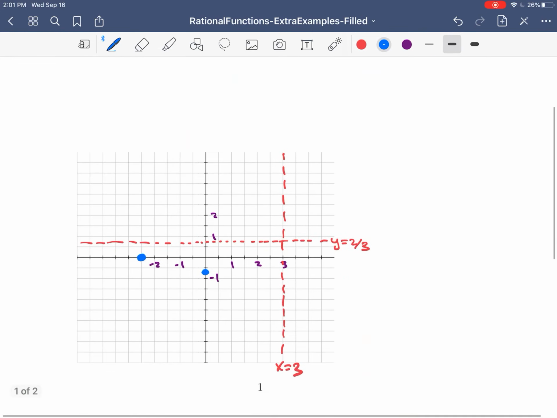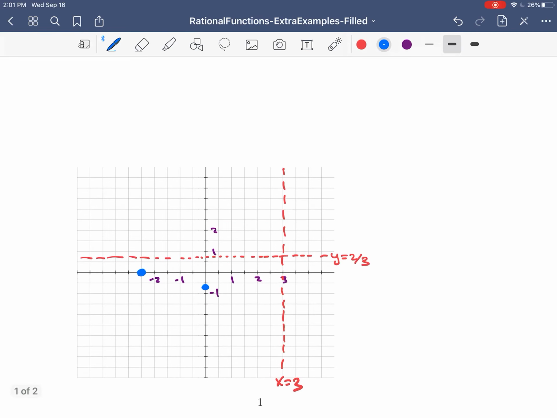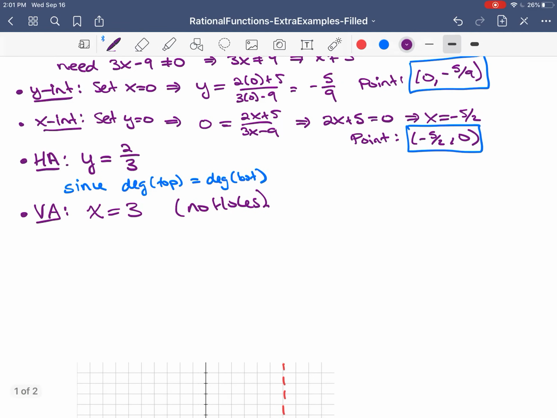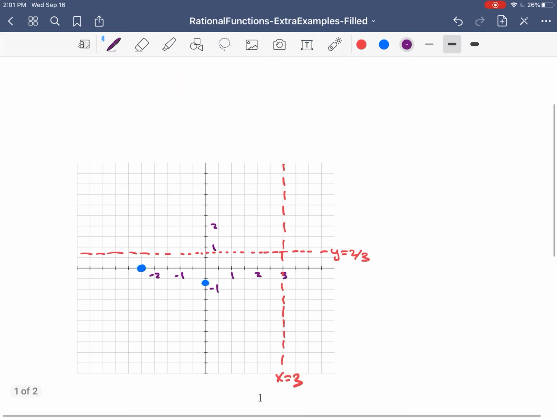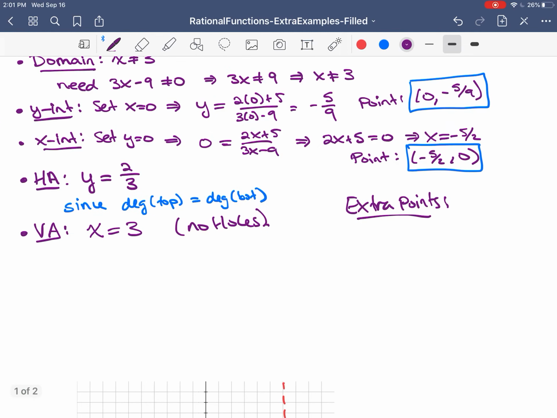There are things that we can think about. First of all, we could plug in some extra points. We might want something when x is bigger than 3, so maybe if we try x equals 4.